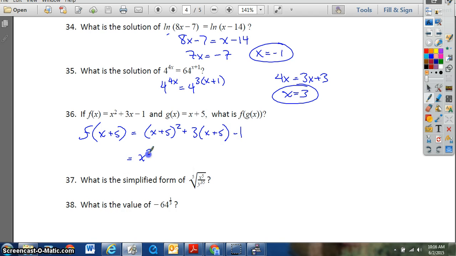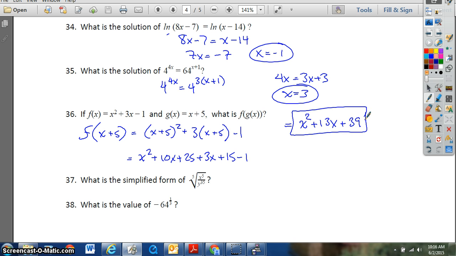So this is x squared plus 10x plus 25 plus 3x plus 15 minus 1. And to wrap this up, let's combine like terms. Got 13 x's. We have 39. So that would be f of g of x.